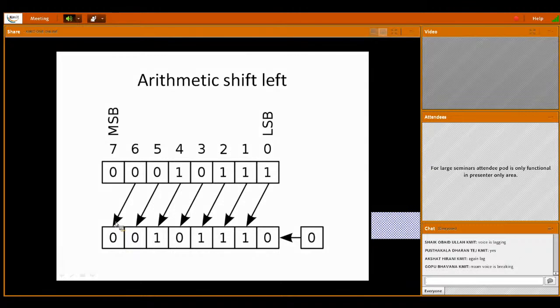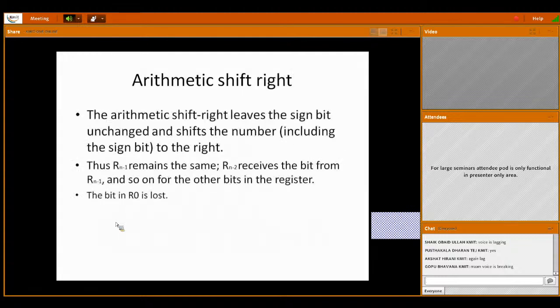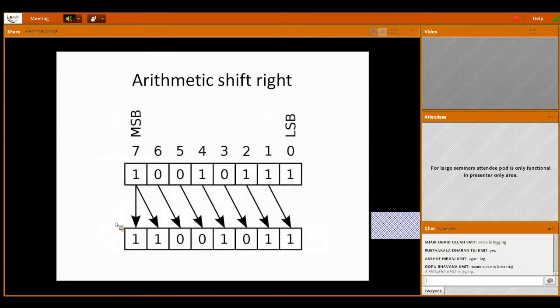We'll discuss overflow in detail later. You may get confused, and that is the reason I am not explaining what overflow is here. With examples, I'll explain in further units. Next, coming to arithmetic shift right. Arithmetic shift right is also similar to the shift right operation.